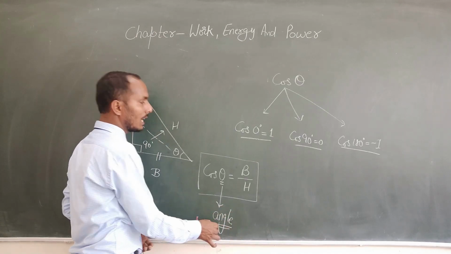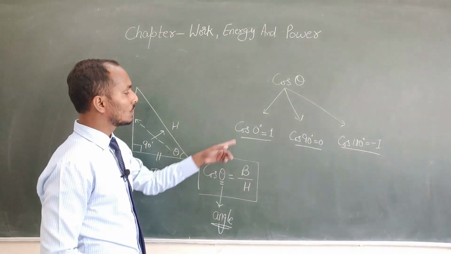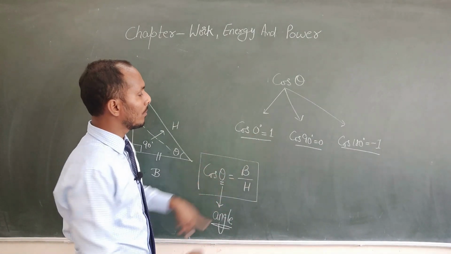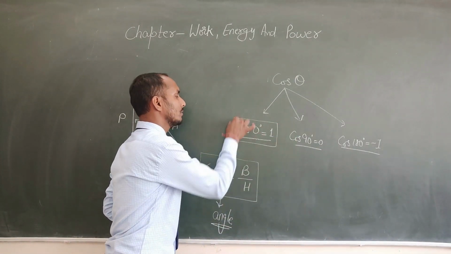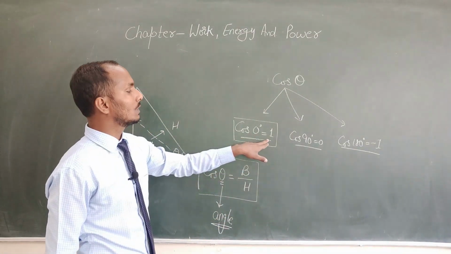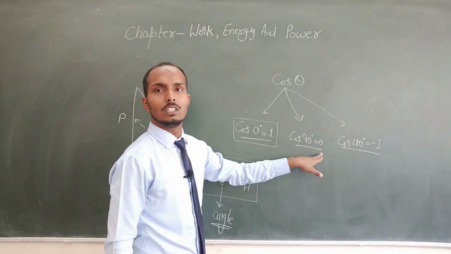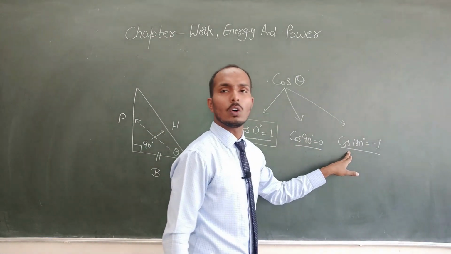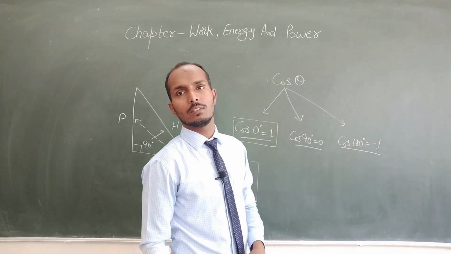We remember these values: cos 0 degree is 1, cos 90 degree is 0, and finally cos 180 degree is minus 1.